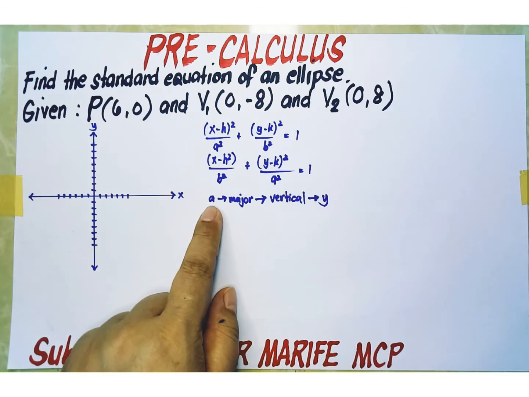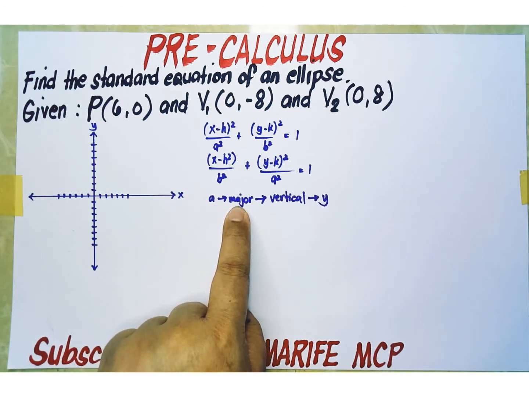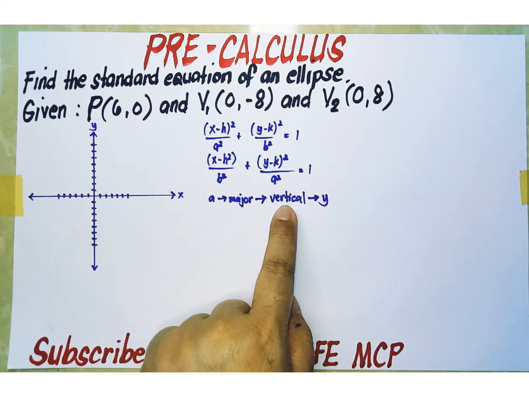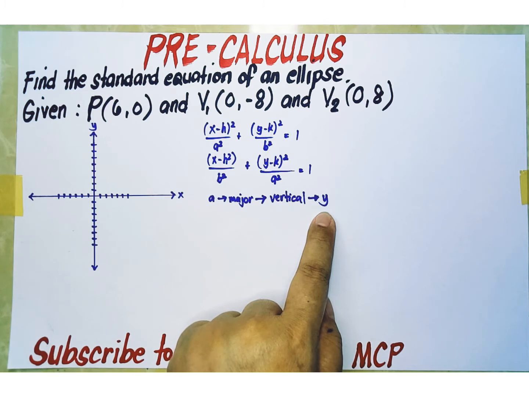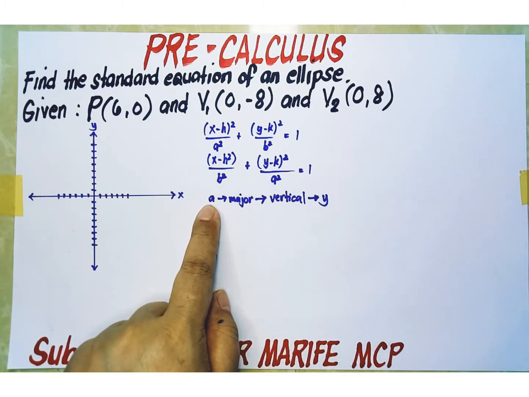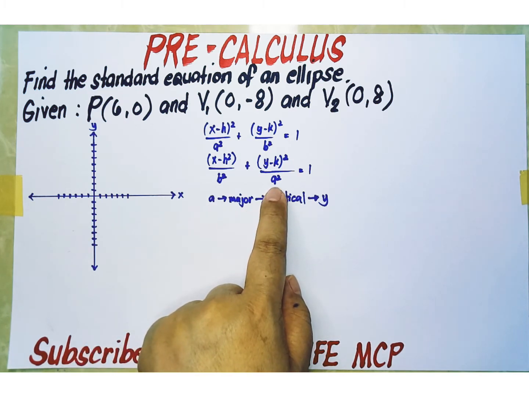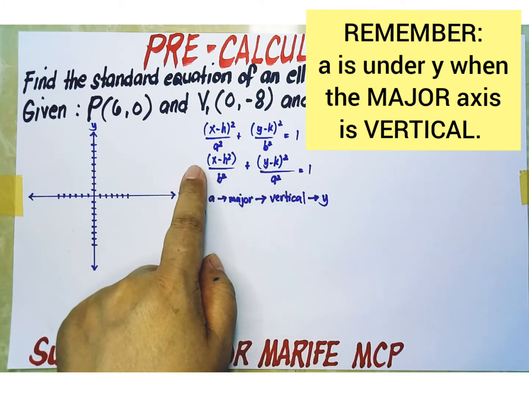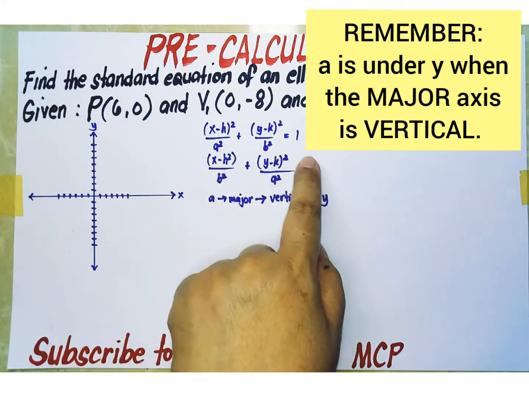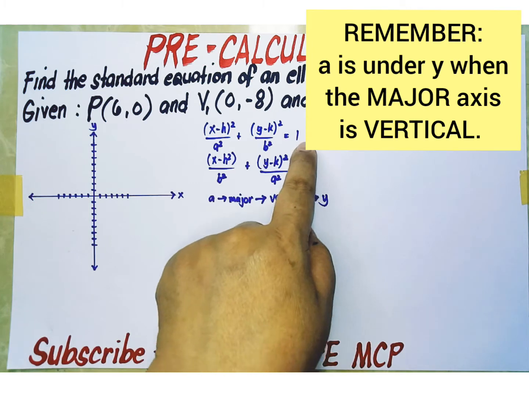So if a is always associated with the major axis, and if your major axis is vertical, and vertical is associated with y, then a should be placed under y. Look at the second equation. a is under y. Therefore, use the second equation when the major axis of your problem is vertical.